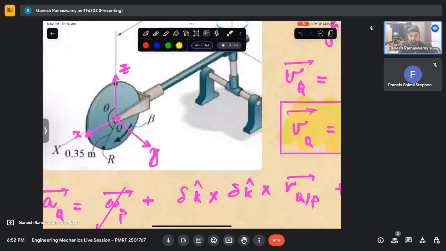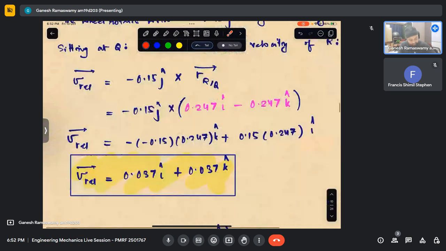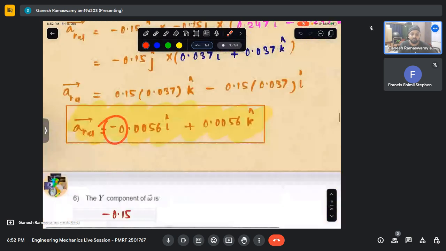In which case, my centripetal acceleration will be pointing in that direction. If I resolve this into two components, one I'll get minus x, another I'll get plus z. So minus I cap plus k cap is what I should get. Am I getting that? I'm getting minus I cap plus k cap. So this makes sense. So it adds up.